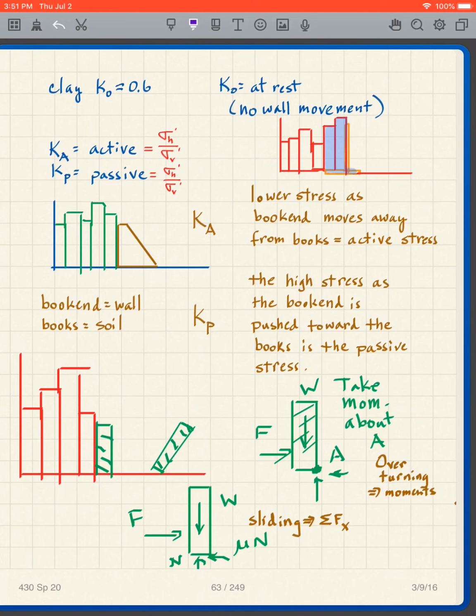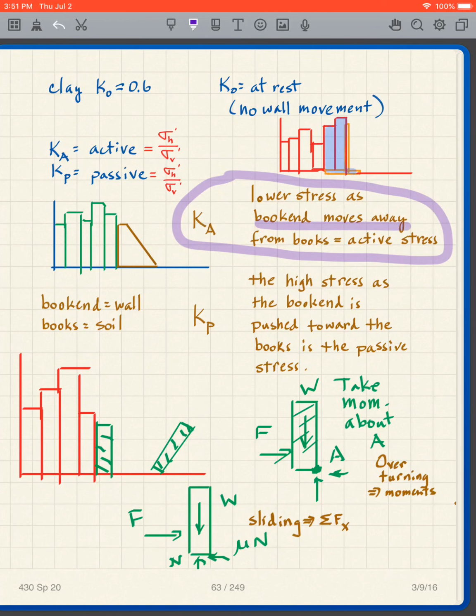What we use for this is that Ka is the active stress condition. That is the situation where the bookend moves away from the books. That is the active stress, and it gives us a lower stress.